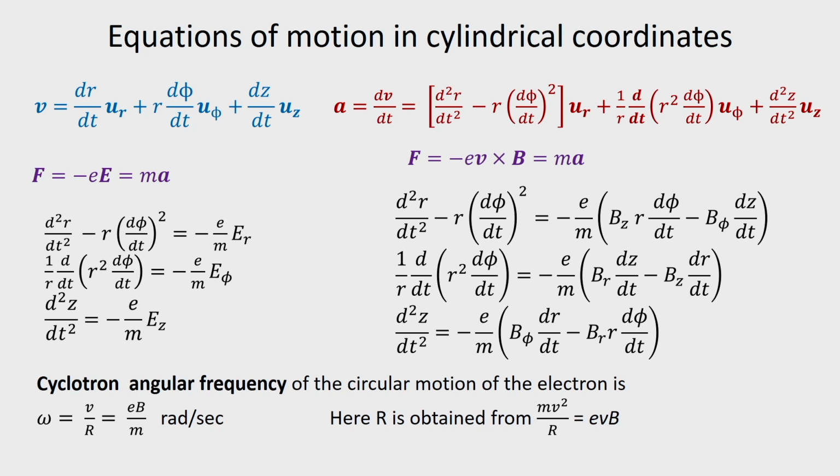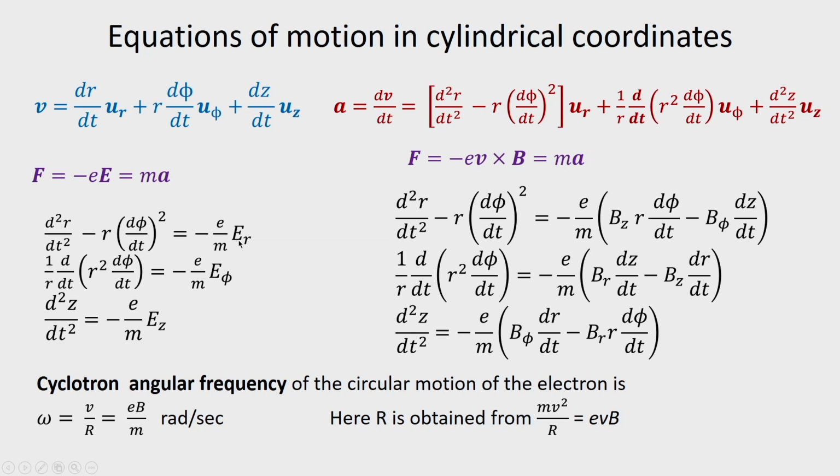So we have these sets of equations. Please note that in our case, in the cylindrical magnetron, we are applying only E_r, and also we are applying only B_z.